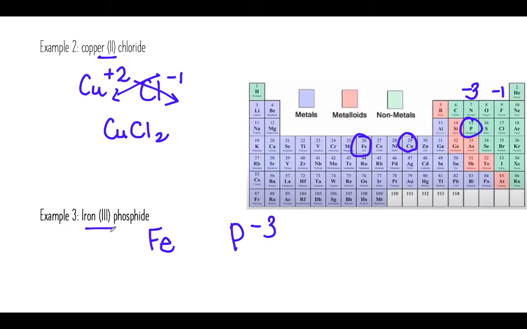I know that because it says that in its name, so +3. So when I crisscross, I'm going to get Fe3P3, and the same rules apply from earlier because technically this is still an ionic compound. When I've got the same number, I can reduce it, so I'm going to get FeP.